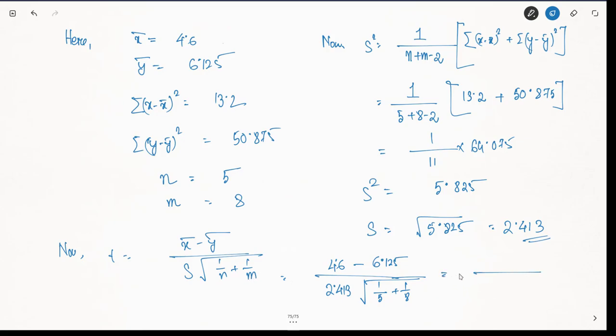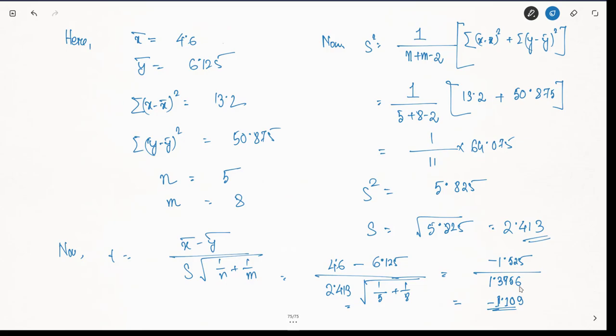Now 4.6 minus 6.125 gives us minus 1.525, and the denominator, if I simplify, gives me 1.3756, and at the end the value is minus 1.109. So this is the calculated value of the t statistic.